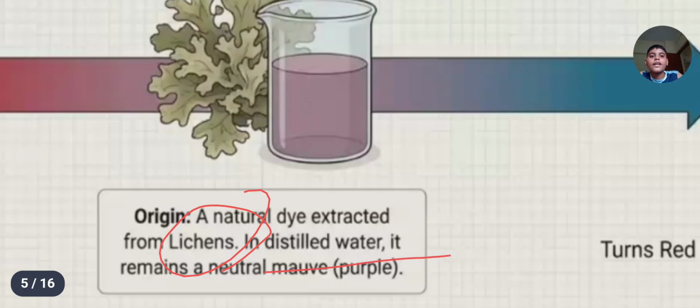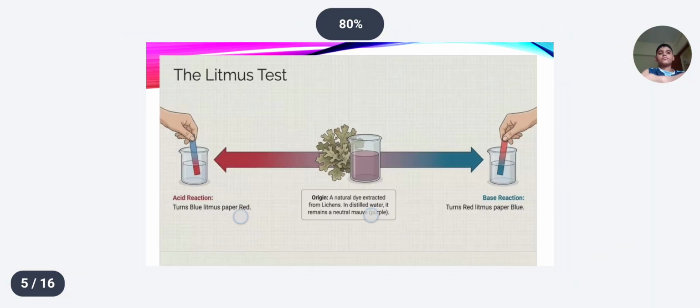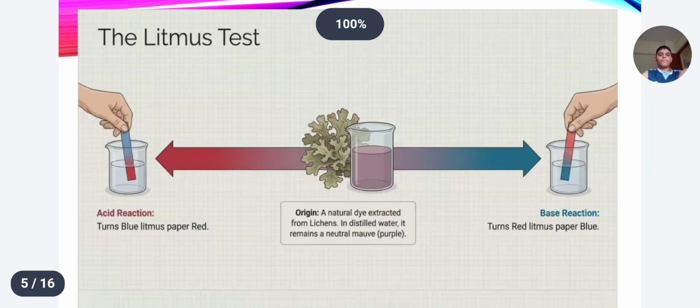In distilled water, it remains a neutral purple. The litmus test we will do for the acidic reaction and the base reaction.